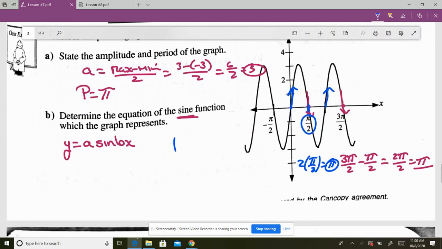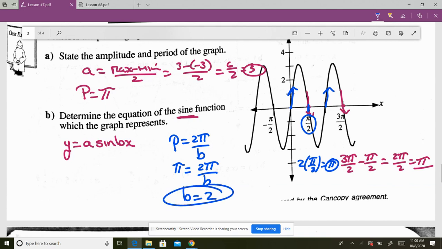So if period is equal to 2 pi over b, my period is pi. Therefore, what's my b value? So now I know a and I know b. So the equation for this graph is 3 sine 2x.